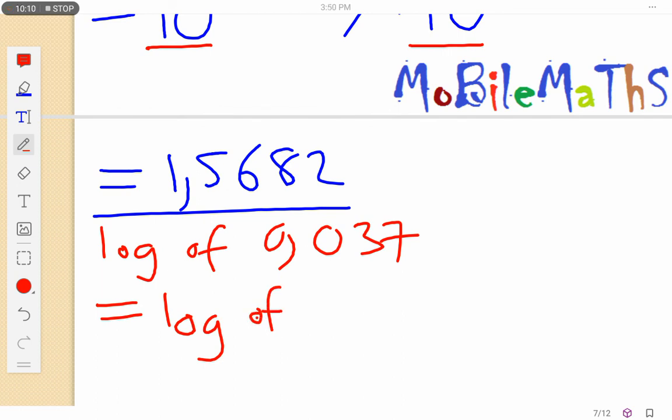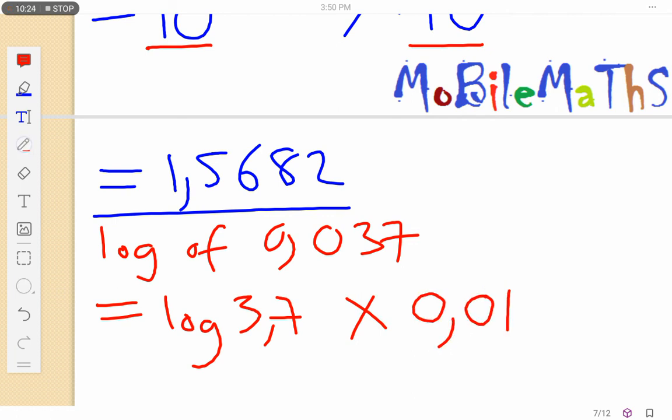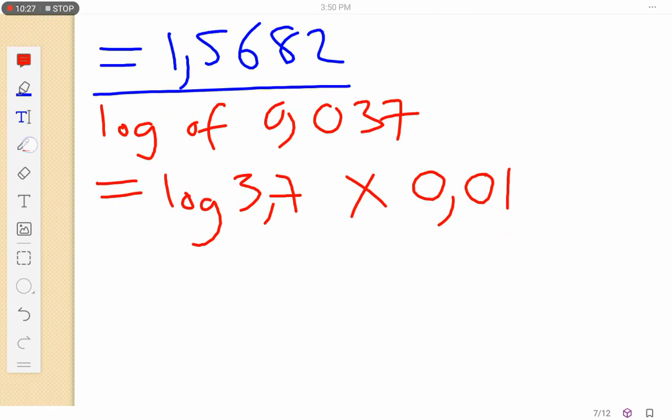Sorry, let me write the logs I was doing for the previous question. We can have it as log 3.7 times 0.01, like that. Now we have separated and included our 3.7 that we are given there.